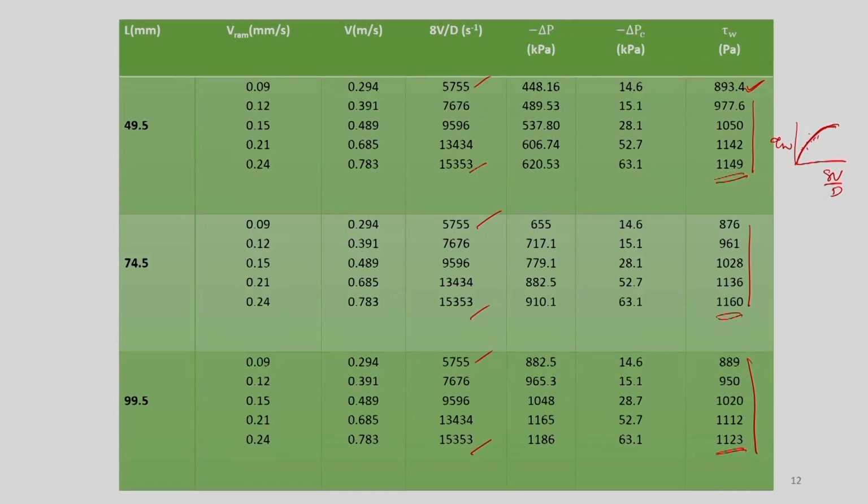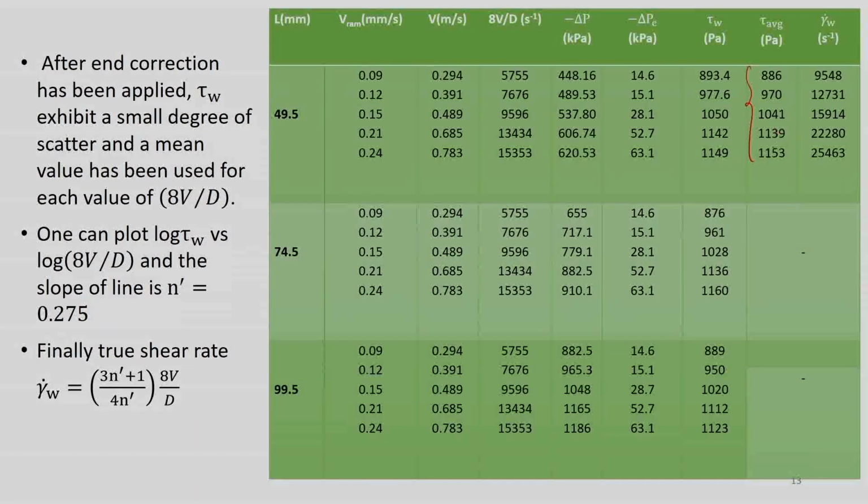So now you can average it to have the tau average value. But these 8V/D values are not the true shear rates; they are the nominal shear rates.